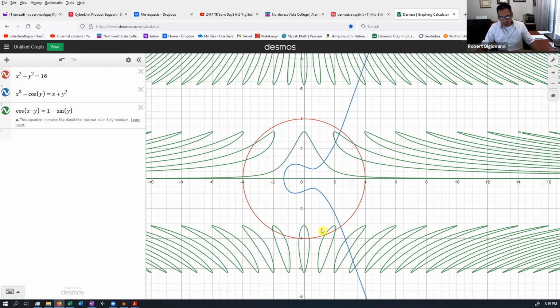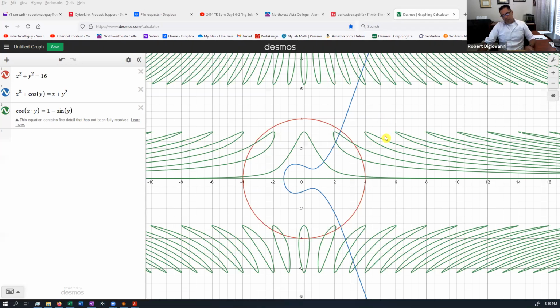So remember, the green graph says, look, if we pick a point, it has an x and a y value. And if you plug those values into this equation, it should be true, okay? That's all it says, but it's not easy for us to do because you can't solve this for x or y easily, but the computer can graph it, which is nice.